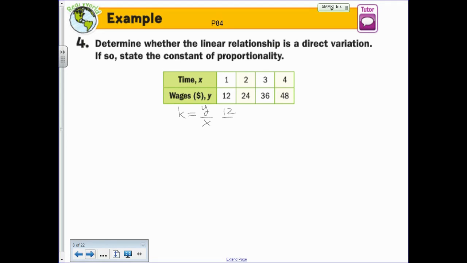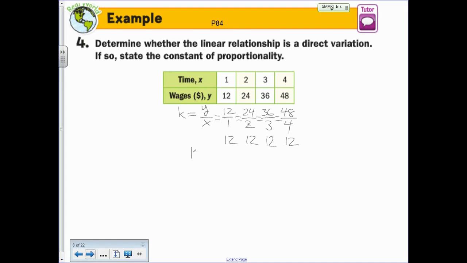We get 12 over 1, 24 over 2, 36 over 3, and 48 over 4. 12 over 1 equals 12. 24 divided by 2 equals 12. 36 divided by 3 equals 12. 48 divided by 4 equals 12. All of those ratios are equal to each other.